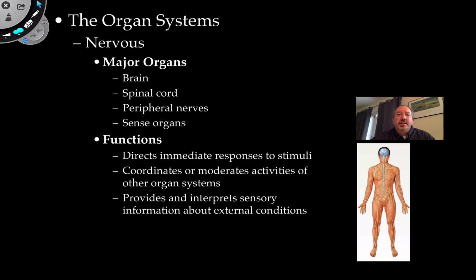It may respond directly, or it could get other systems involved, like, for example, the endocrine system. Maybe the nervous system promotes the release of a hormone, for example. And then the hormone, a chemical, travels in the blood and gets the job done.